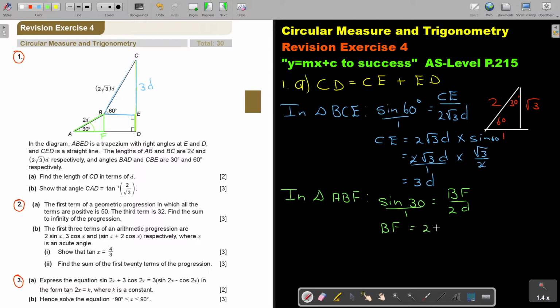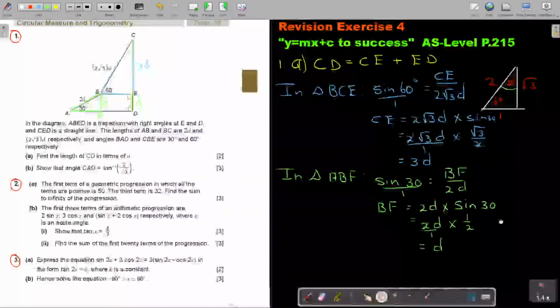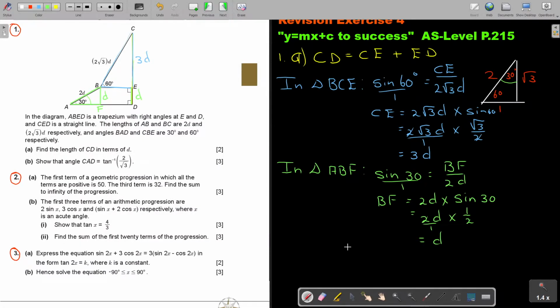So BF equals 2d multiplied by sin 30. Now what is sin 30? It's a half. Can you see opposite over hypotenuse? And again, the 2s cancel out, so that is just going to be d. So remember, BF is equal to ED, and that's equal to d.